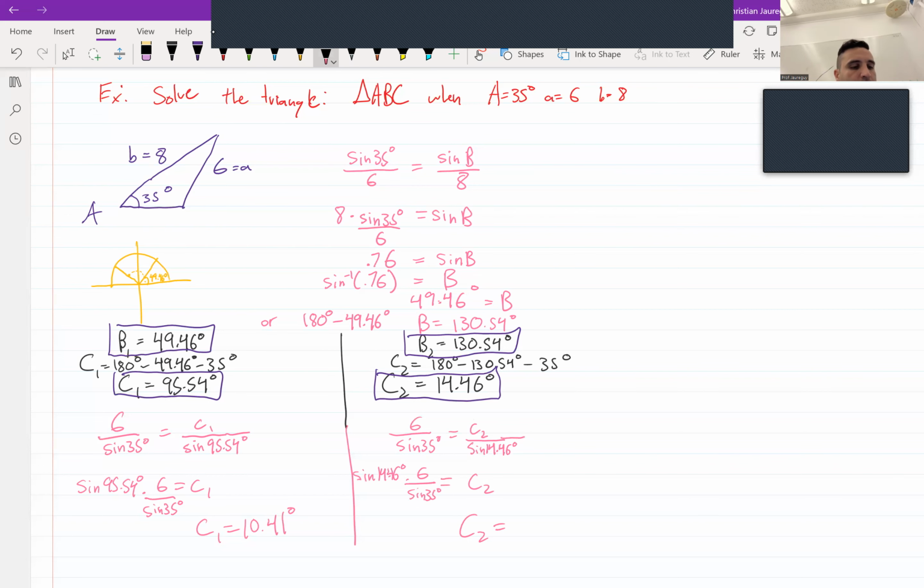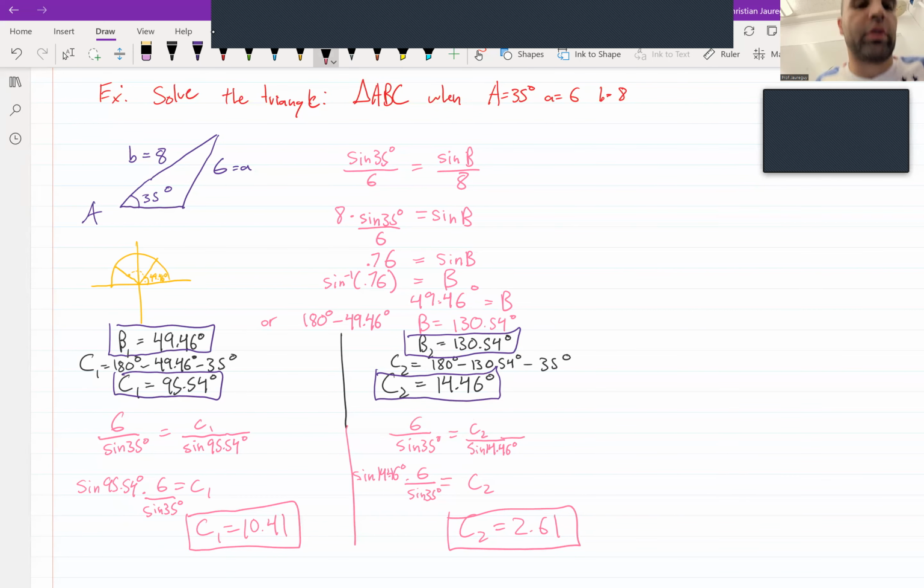C2 then equals 2.61. And I apologize, this should not have been a degrees on this left side. It should have just been a number, because it's a side, not an angle. Beautiful.